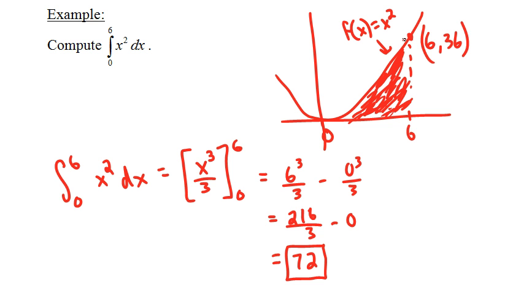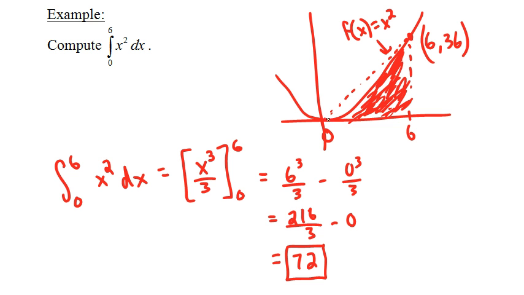Now, it's always good to check to see whether that seems like a reasonable answer. What if we had just taken the triangle right here and tried to find its area? I would expect it to be bigger than the area of this region.